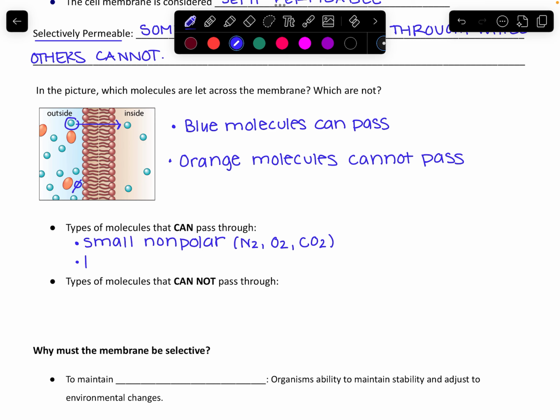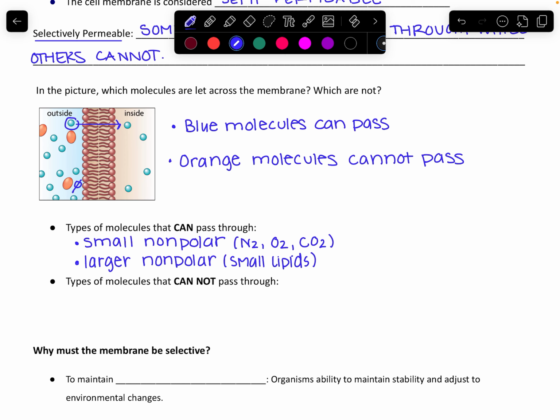Another group that can pass really easily will be larger nonpolar substances. So polarity is a big factor determining what can pass and what can't. If you look at some smaller lipids, like our steroid lipids, like a cholesterol molecule, or testosterone or estrogen, those would be able to pass just because they're nonpolar.